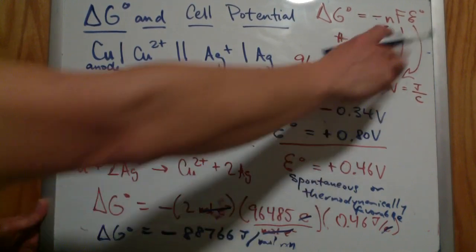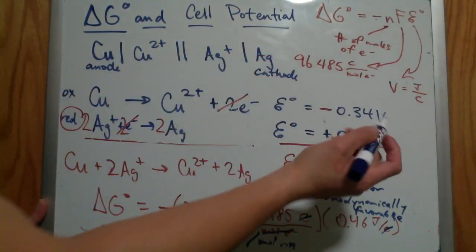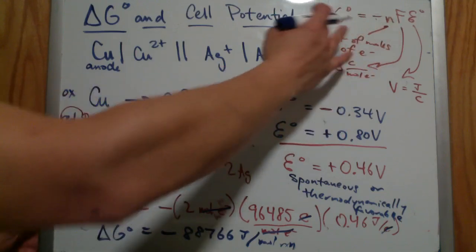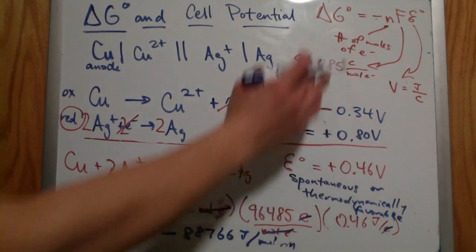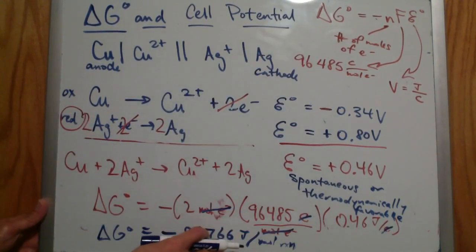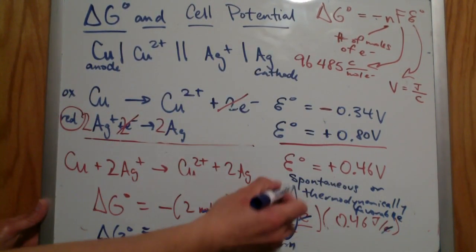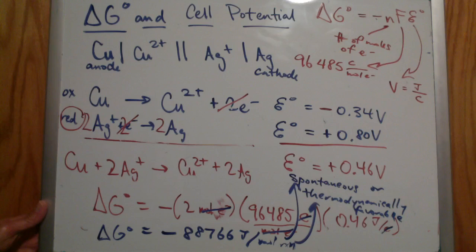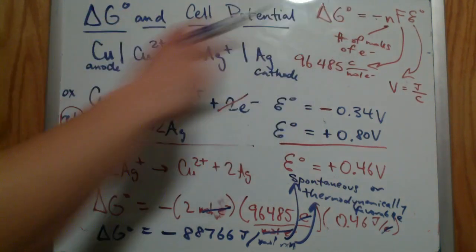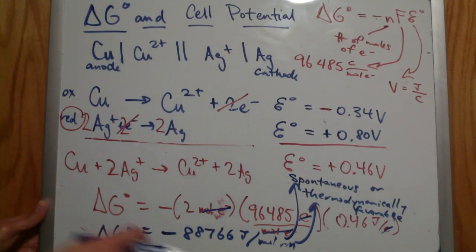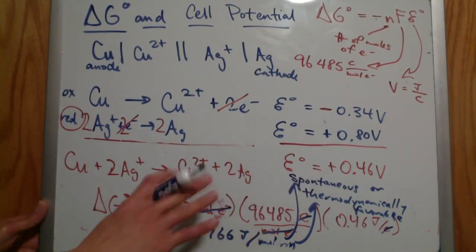So when the standard cell potential is positive, the negative sign in the equation delta G naught equals negative nFE naught tells us that delta G will be negative and also spontaneous or thermodynamically favorable. Either way, we can figure out that delta G naught and standard cell potential have opposite signs. So that's why they mean the same thing. So just keep that straight.